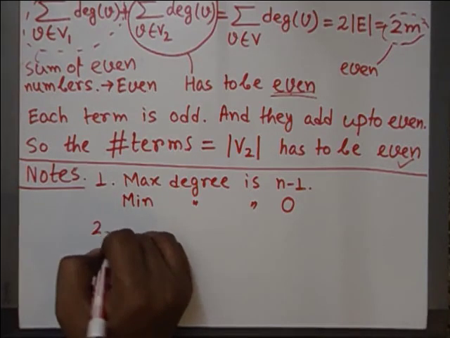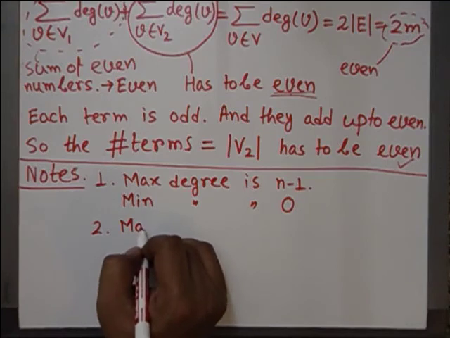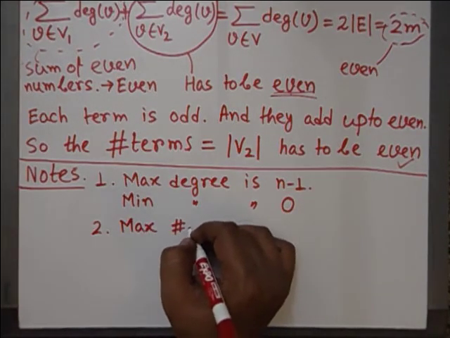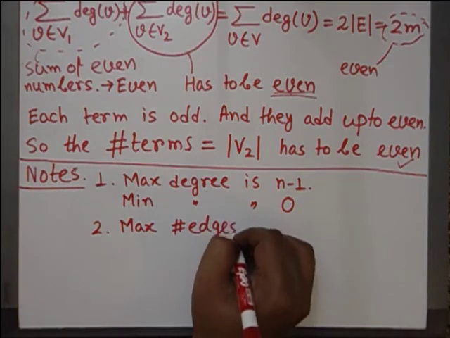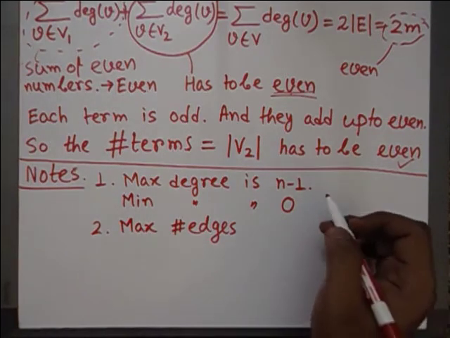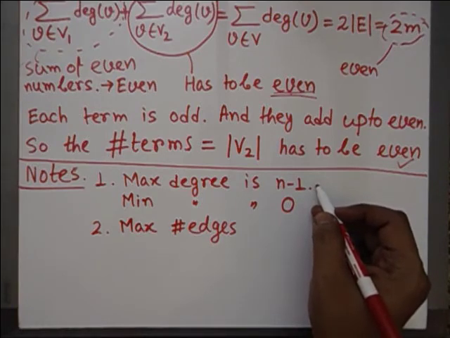And the second one, using this, is the maximum number of edges. Given a graph G with n vertices, what is the maximum number of edges you can draw? That calculation can be done from here.